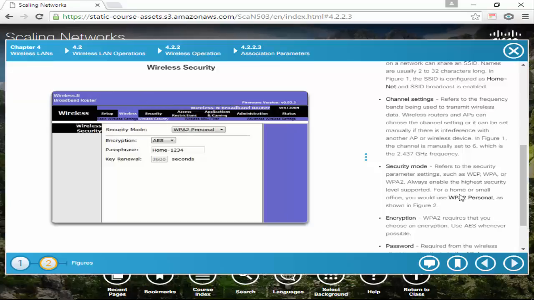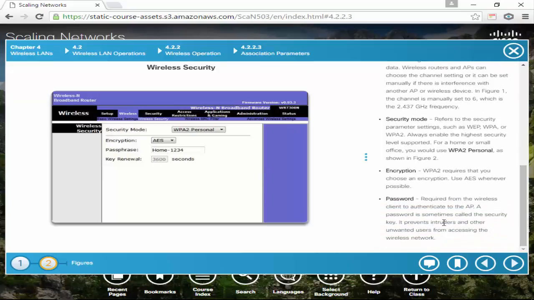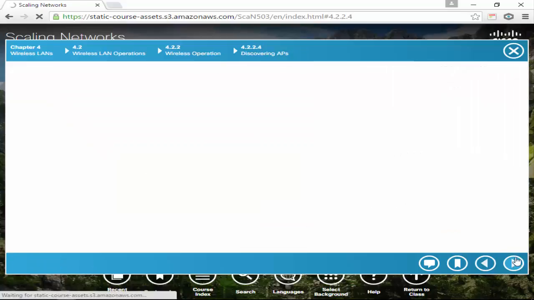We'll talk about the encryptions. I believe that's in the next couple figures. Then we have the password to get in there. Alright, and WPA2 is dynamic, whereas WEP, we could crack that password in like 2 minutes. WPA2, you're going to have to do a brute force attack on it. But yeah, anyways, I'm sure you guys understand the passphrase to get logged in.